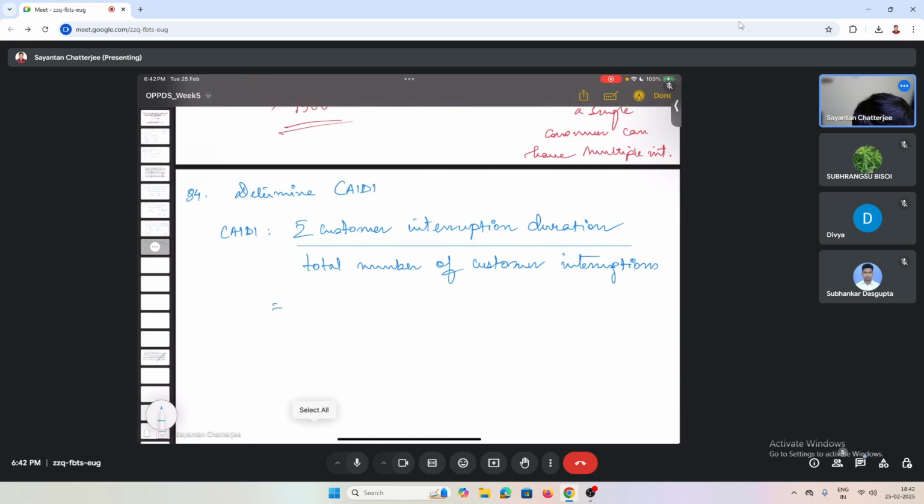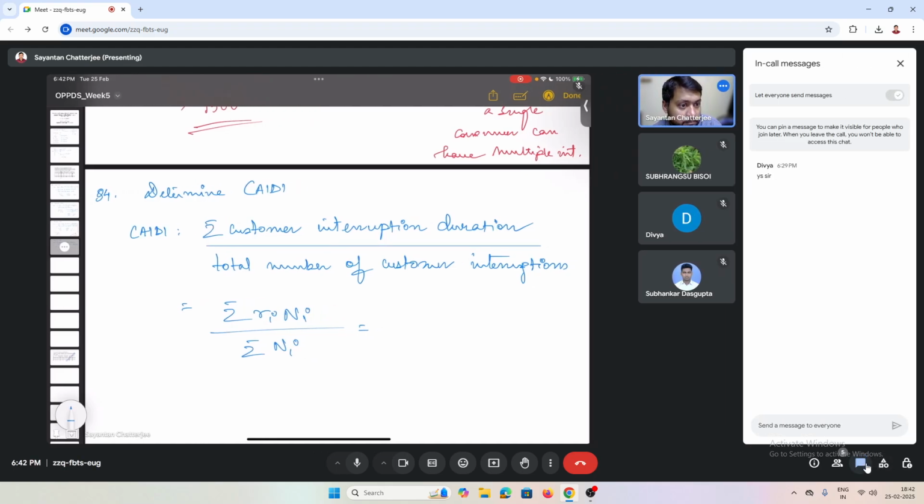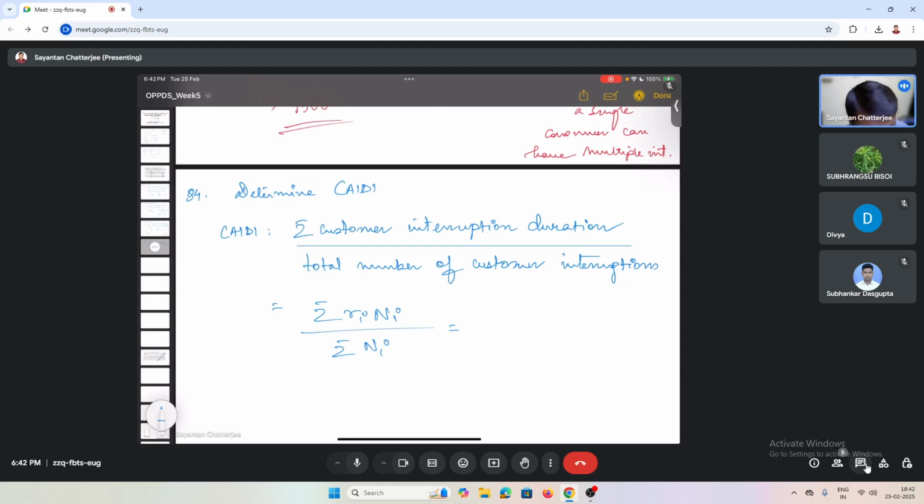So this is one formula, but simultaneously we can easily calculate KID. Before that, let us tally both the answers in both ways. Let us do it firstly in the basic way, and then we can use both the formulas from SAIDI and SAIFI and match the answers.